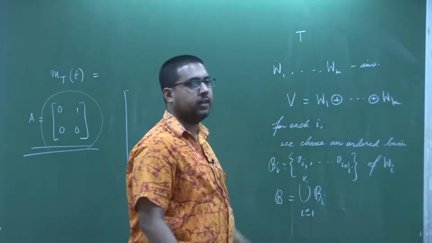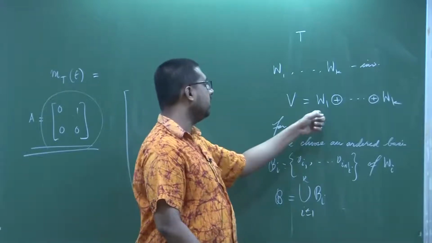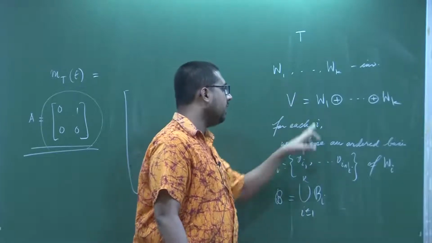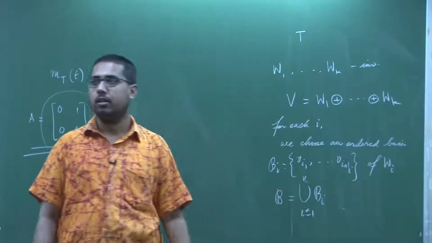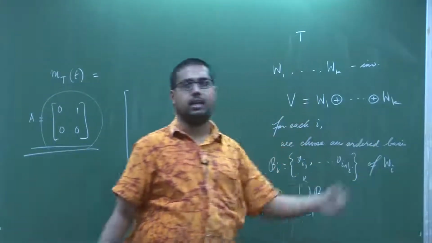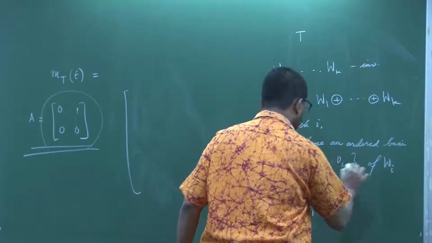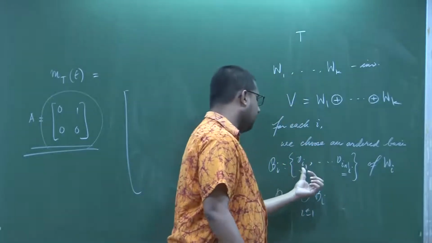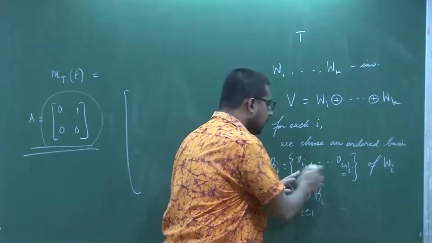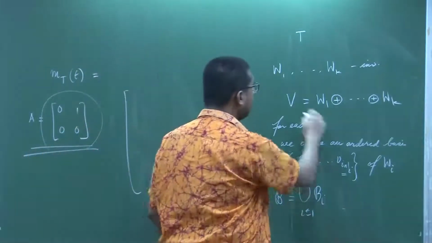So if you start with the first basis vector of W1, say V11, then since W1 is invariant, T V11 will be inside W1, and since the sum is direct, it cannot lie inside any other Wj unless it is 0. So when T V11 is written as a linear combination of basis elements, only these vectors can have non-zero coefficients, the others cannot, because the sum is direct.